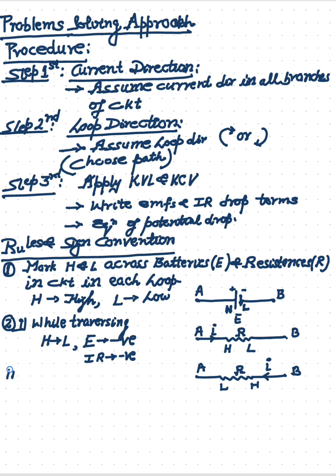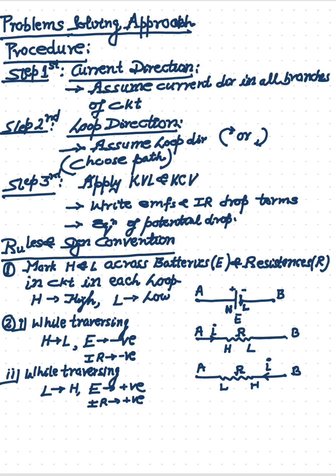While traversing low to high, E is positive and IR is also positive.